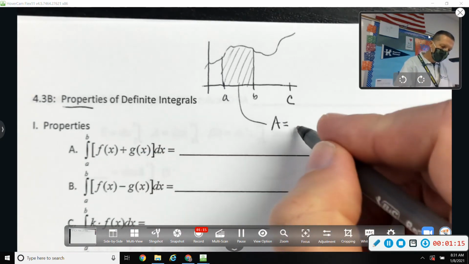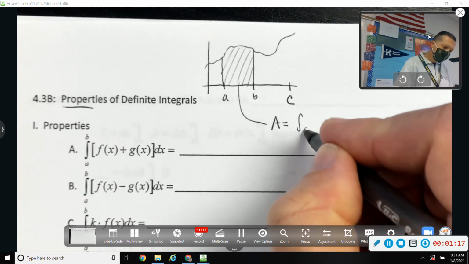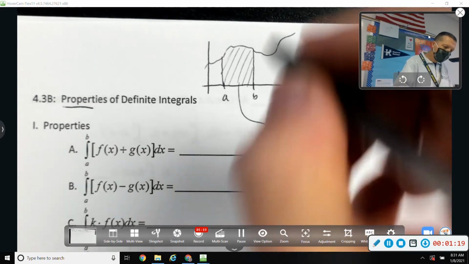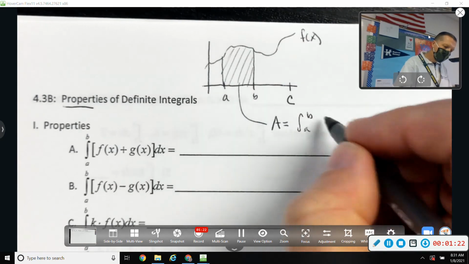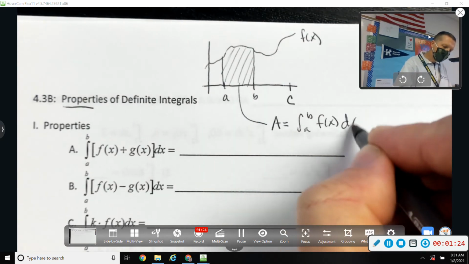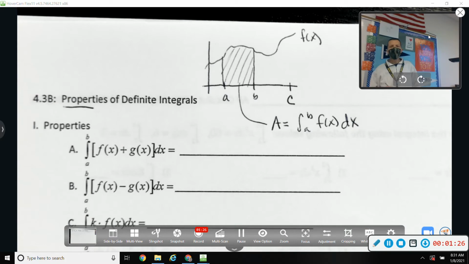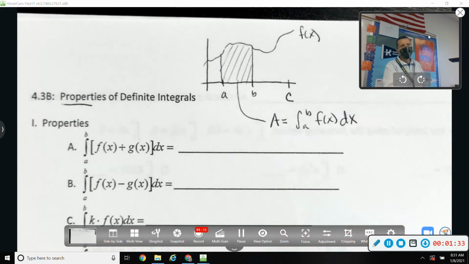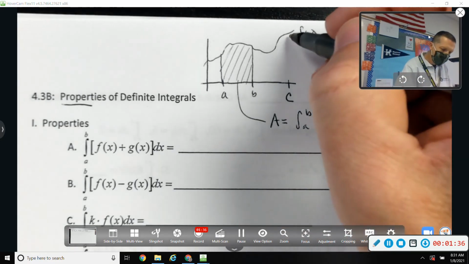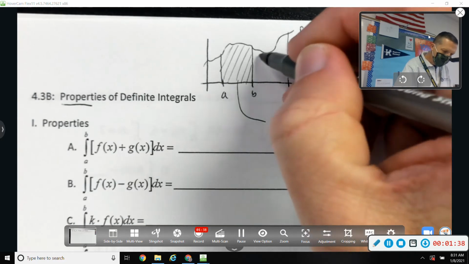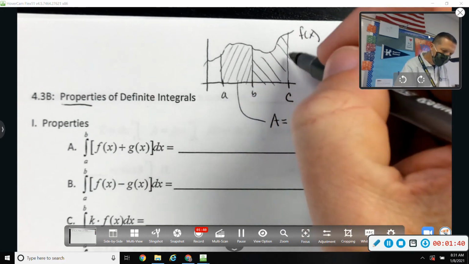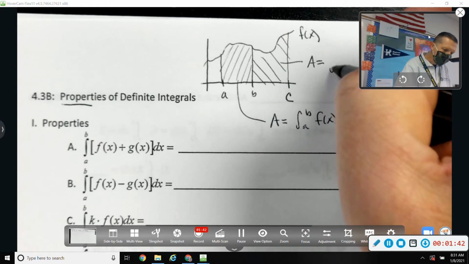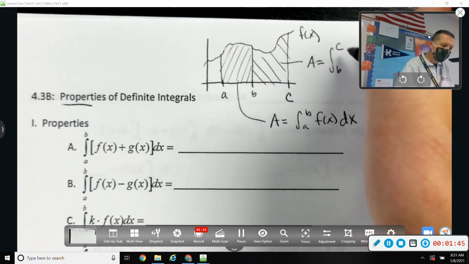But that area would be the integral from a to b of f of x dx. Right? Again, that's just making sure we understand that this symbol, this notation, means the area. And if we wanted to do from b to c, that area would be the integral from b to c of f of x dx.